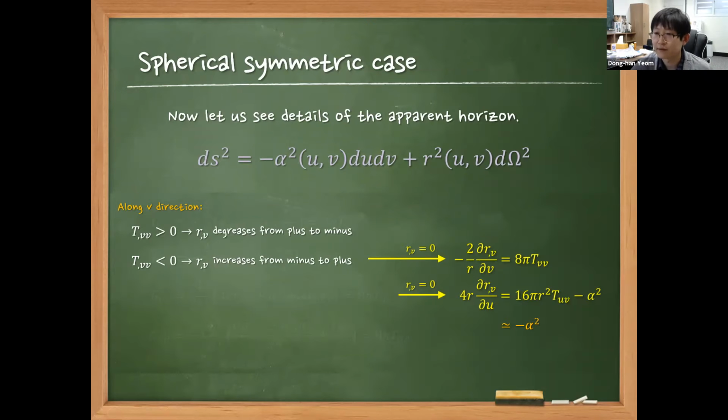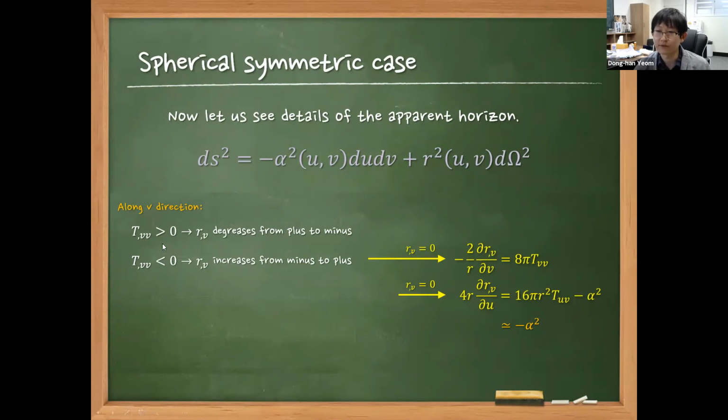This means that if TVV is greater than 0, then the horizon must be a trapped region. However, if TVV is less than 0, so if this sign is minus, then RV should increase from minus to plus sign. And this means that the horizon must be an anti-trapped region.